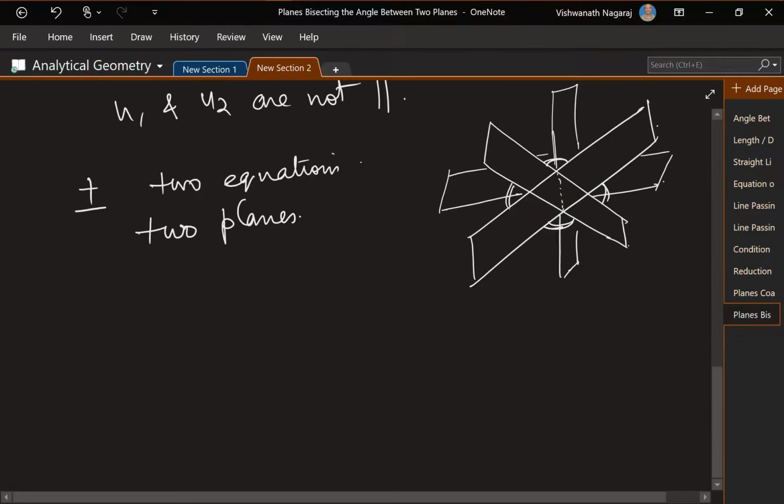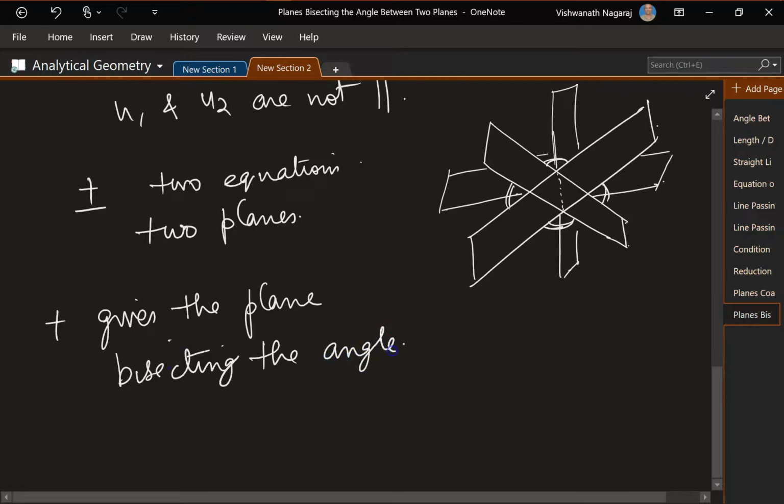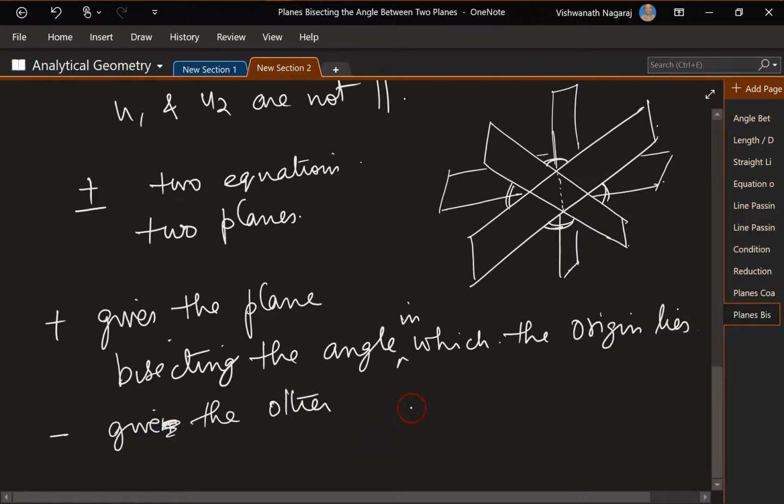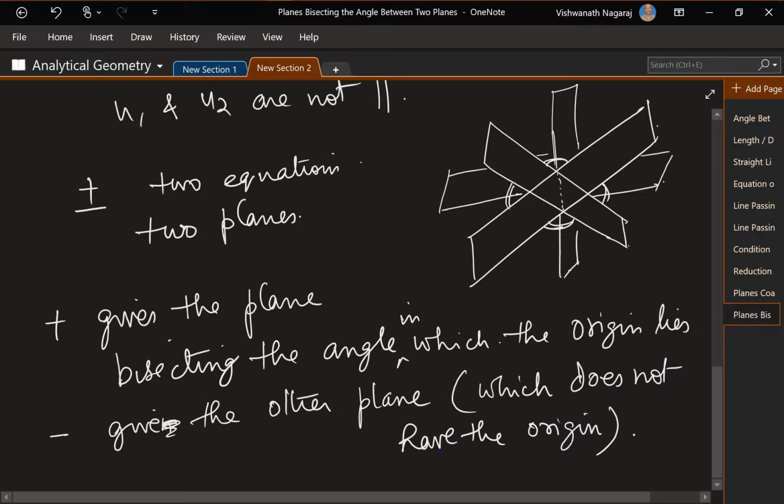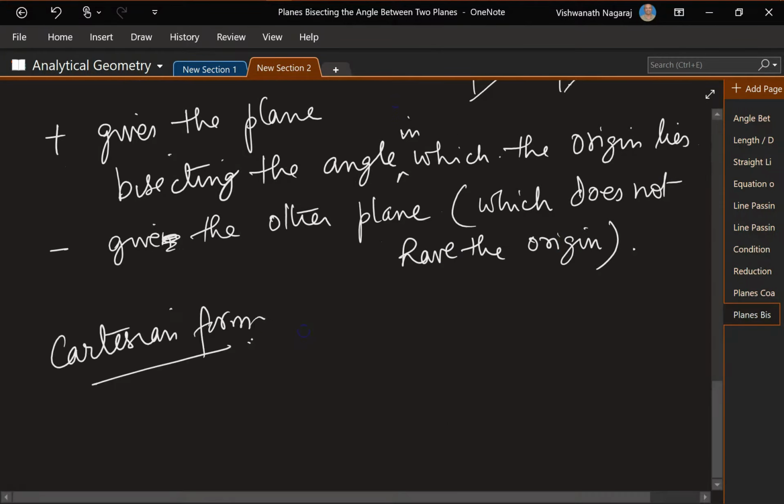So what does this plus or minus mean? Plus gives the plane bisecting the angle in which the origin lies, and minus gives the other plane, which does not have the origin.